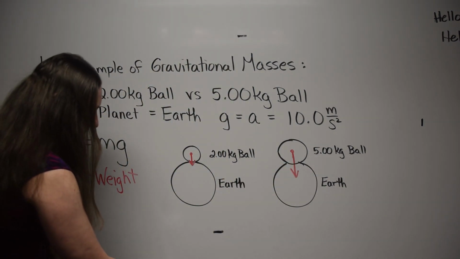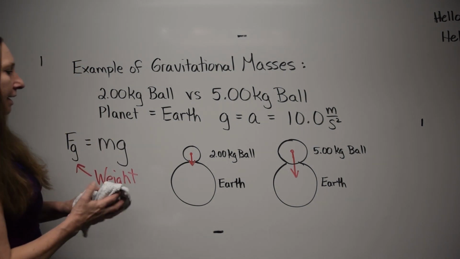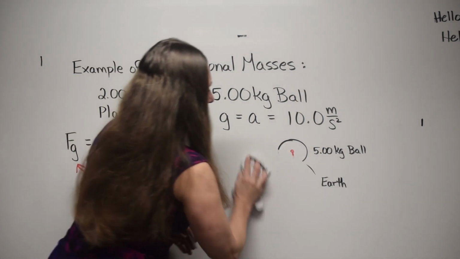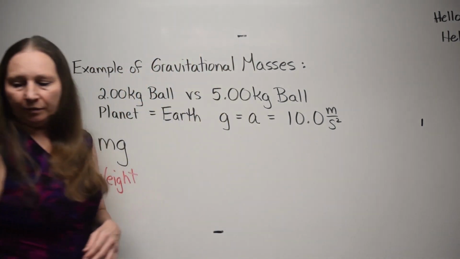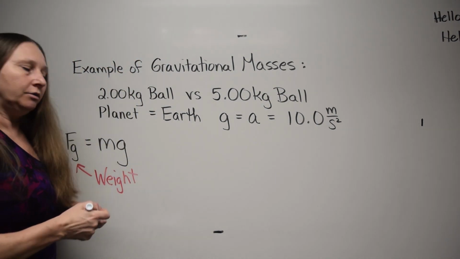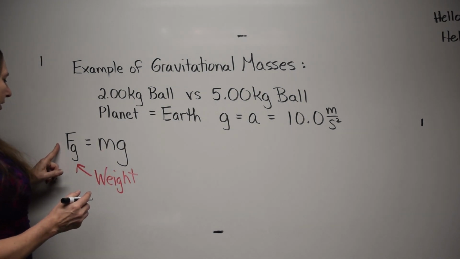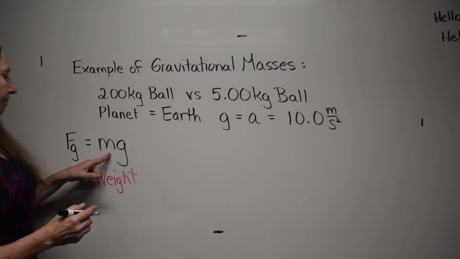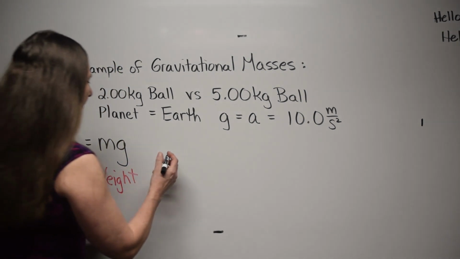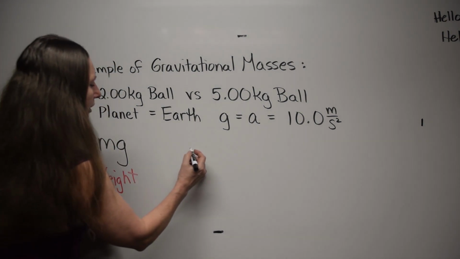All right, so now let's do the math. I'm going to erase this, and we're going to use the equation to figure out the attraction or the weight of each ball. Fg, weight, equals m, mass, times g, acceleration due to gravity. So, Fg equals m times g.